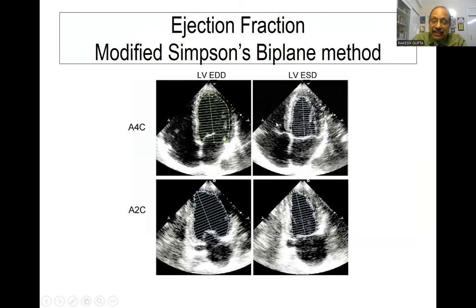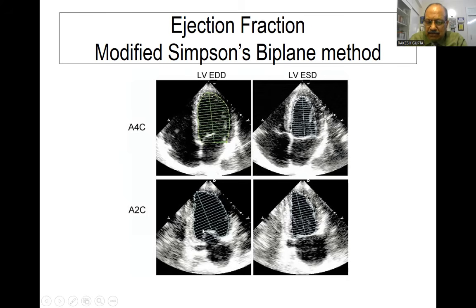But how do we calculate ejection fraction? It is always by the modified biplane Simpson's method. What do we do? We go to the 4-chamber view, calculate the area into length, and the machine divides it into small discs. Diastole and systole will give you a single plane ejection fraction.